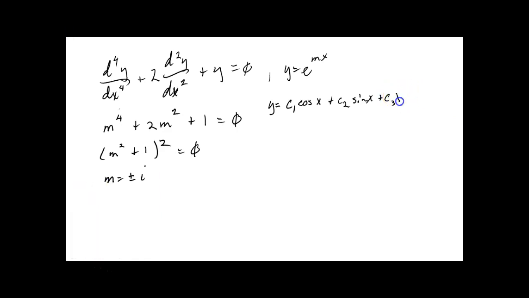So that'd be C3 x cosine x plus C4 x sine x. There we have it. Okay? So C1 cosine x plus C2 sine x plus C3 x cosine x plus C4 x sine x because of multiplicity. Okay.